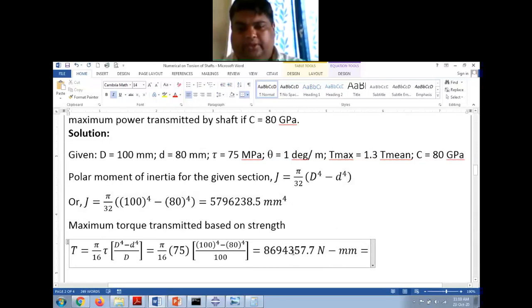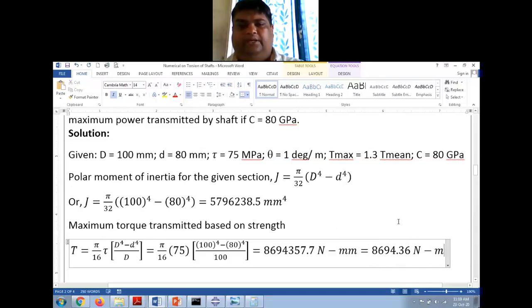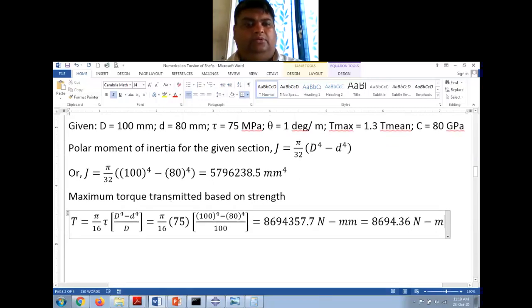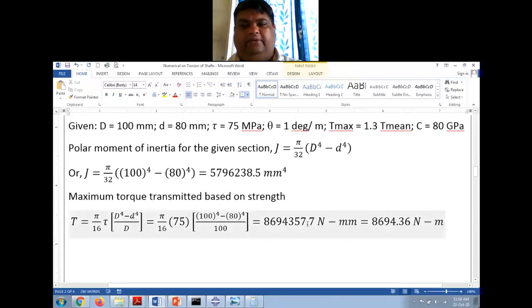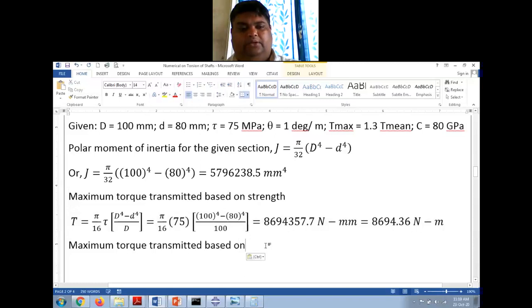So this will be, leave 3 decimals, 8694.36 Newton meter. That is the maximum torque the hollow shaft that we have can transmit based on strength. Right? Now again, maximum torque transmitted based on rigidity.